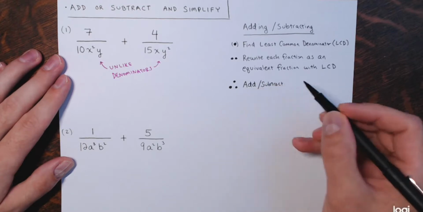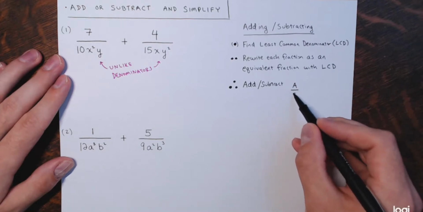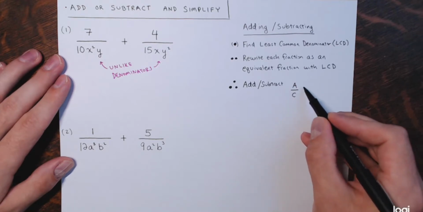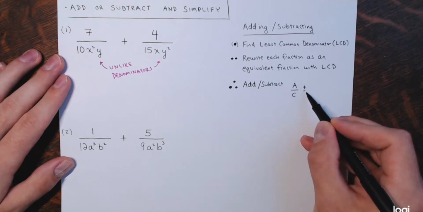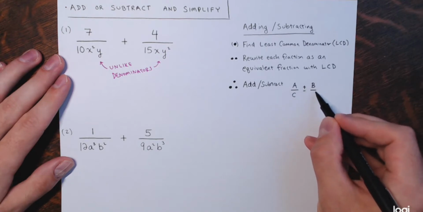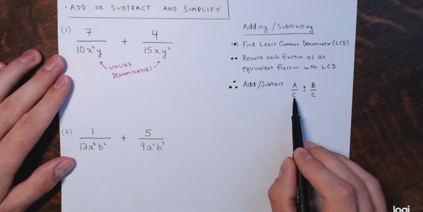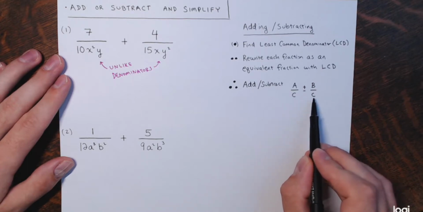And don't forget the rules here. When you take a fraction, say a over c, and then add or subtract, I'll put plus or minus here because you could do either one, another fraction, b over c, and you notice how these have the same denominator, c.